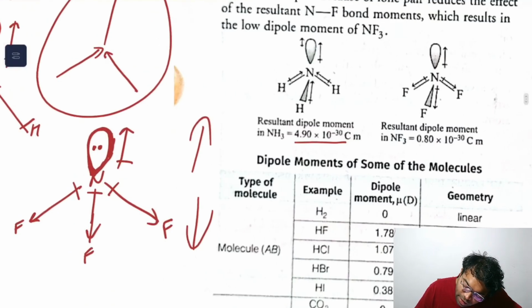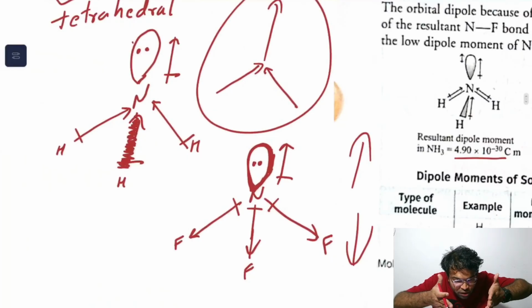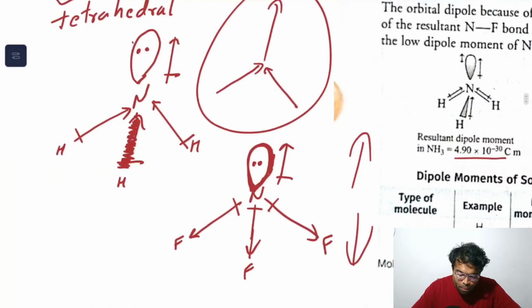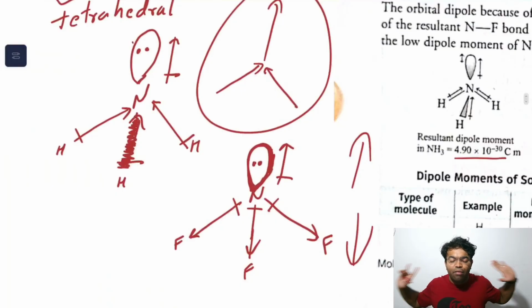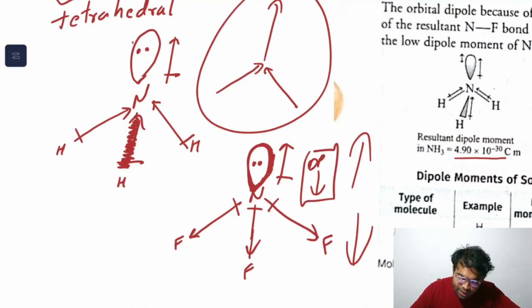The resultant dipole becomes less compared to that of NH3. In NH3, all the dipole moments flowed in one direction. But in the case of NF3, the dipole flow is in opposite directions, away from the nitrogen. Therefore the dipole moment decreases. Understood?